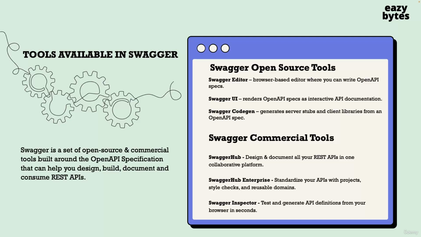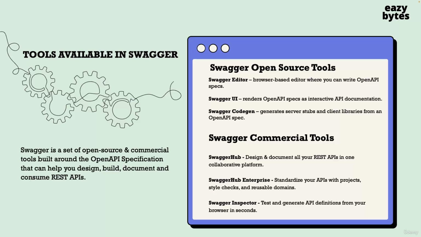And the last but not the least one that we have here is Swagger Inspector. The purpose of Swagger Inspector is this: sometimes as a provider or producer, you might already have code written for your REST APIs. In such scenarios, instead of writing the OpenAPI specification manually with your own hands, you can use Swagger Inspector to test all your REST APIs.